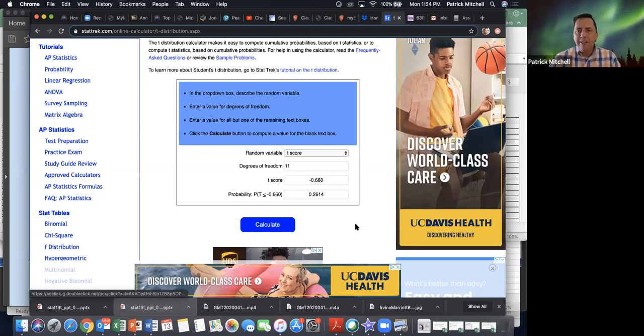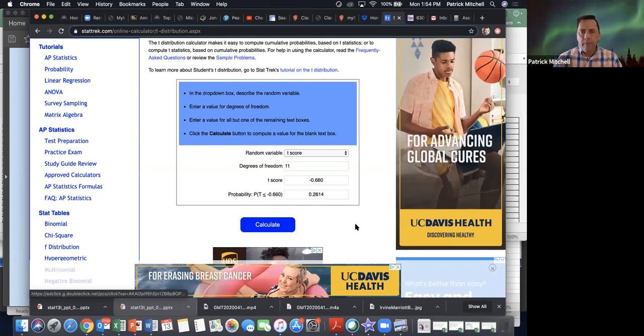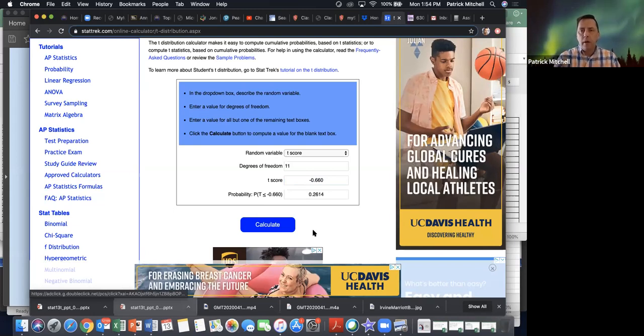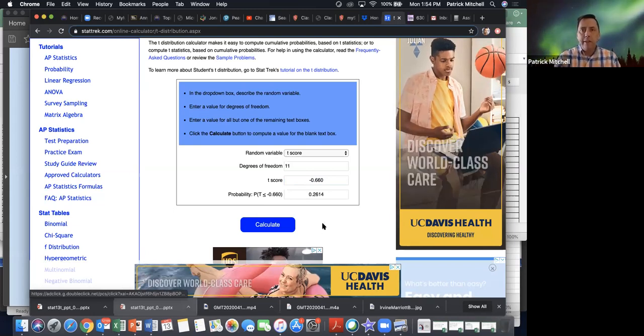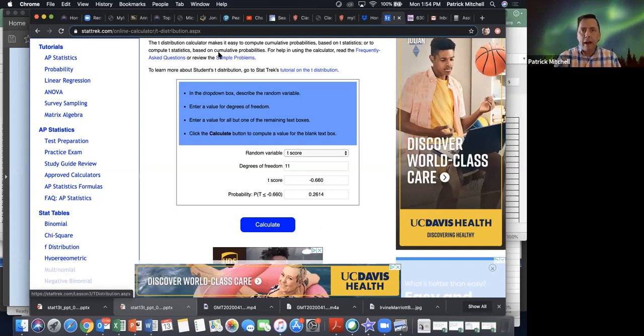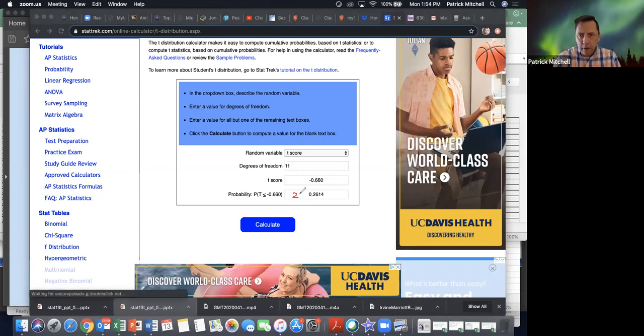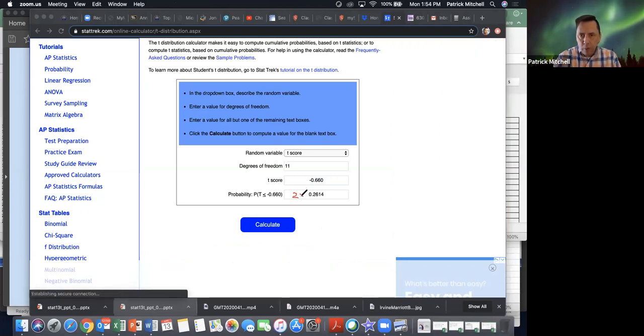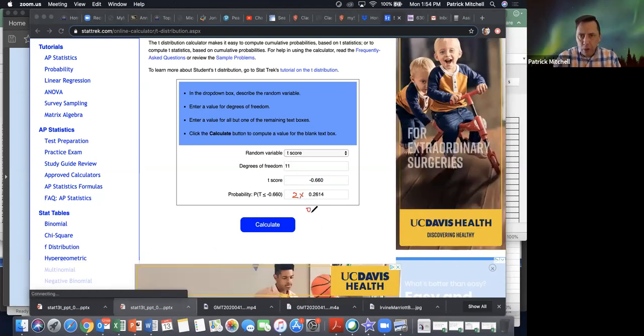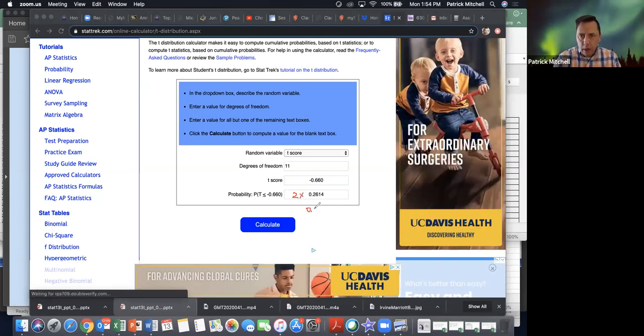I get 0.2614. All right. So that's actually going to give me a p-value of 2 times 0.2614, which is 0.5228.